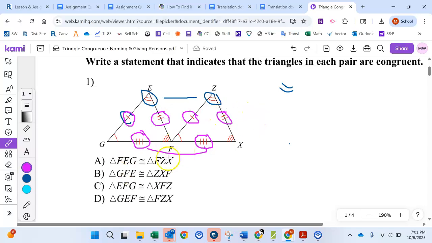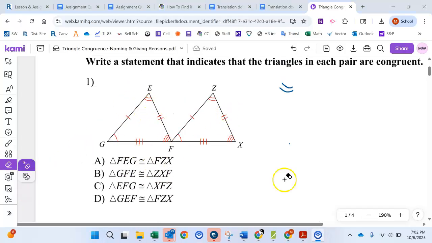Now, what is it asking us to get for the answer? It's asking us to identify how you designate this. So what's important is the order of the letters. Let's take FE. FE is from here to here. What's in between FE? FE has 2 in between it.